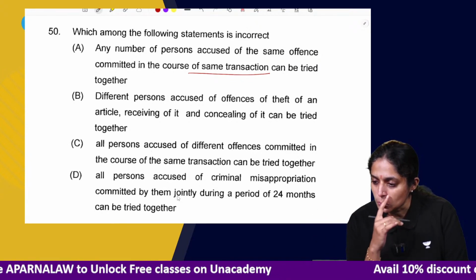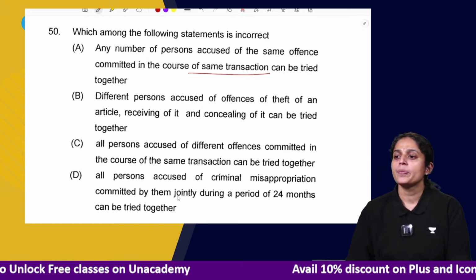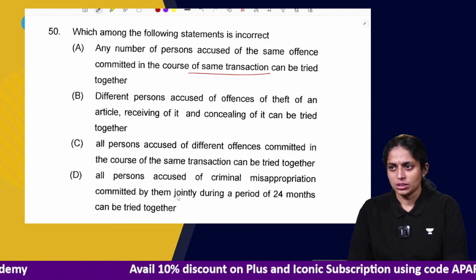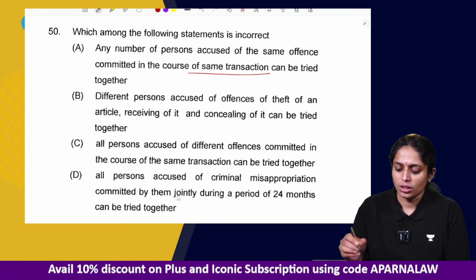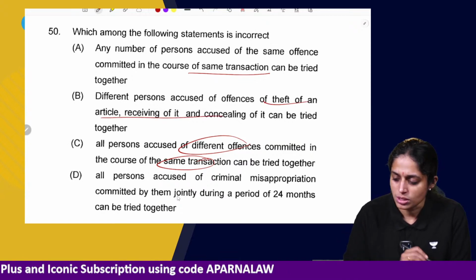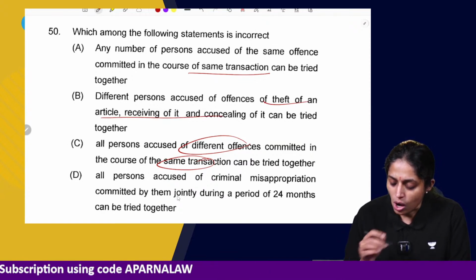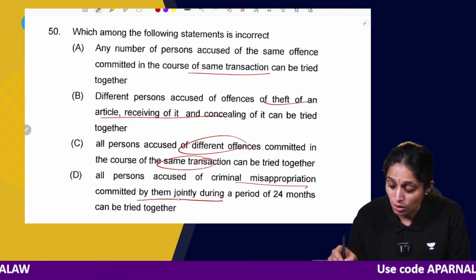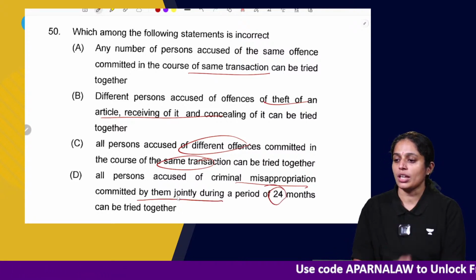All persons accused of different offences committed in the course of the same transaction can be tried together. So, different offence, same transaction. And the last one, all persons accused of criminal misappropriation committed by them jointly during a period of 24 months can be tried together.